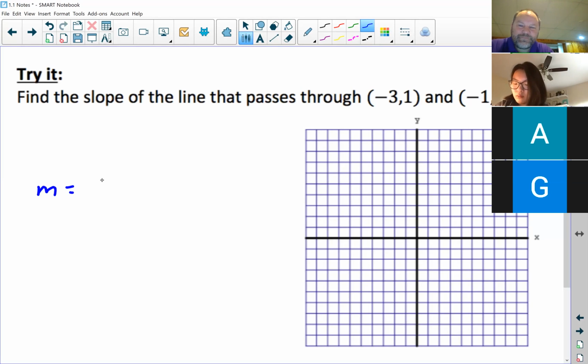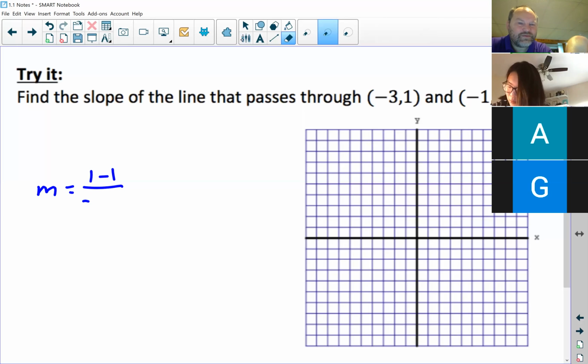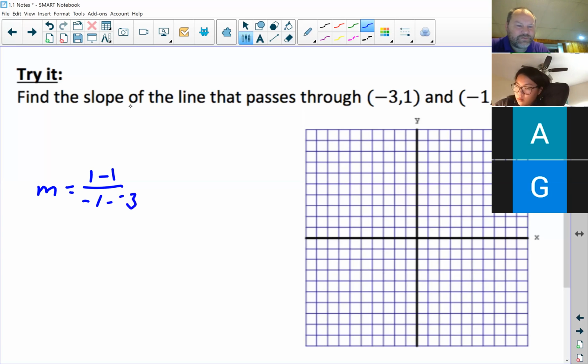So our slope, we get 1 minus 1 over -1 minus -3. Again, I'm going to change the minus a negative into plus a positive. Sorry about that.